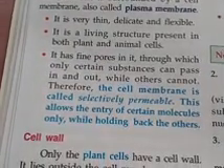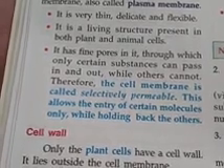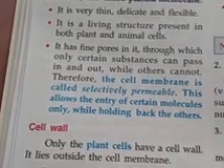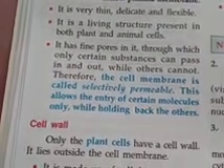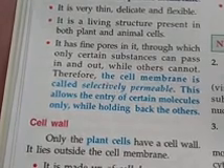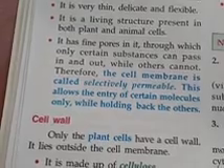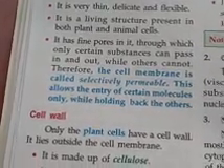The membrane containing pores allows certain substances to pass through it. So, we call it a selectively permeable membrane. It allows the entry of certain molecules only and holds back the others.